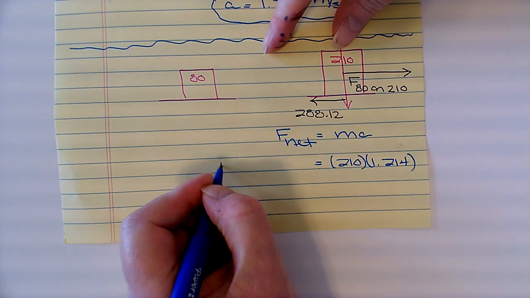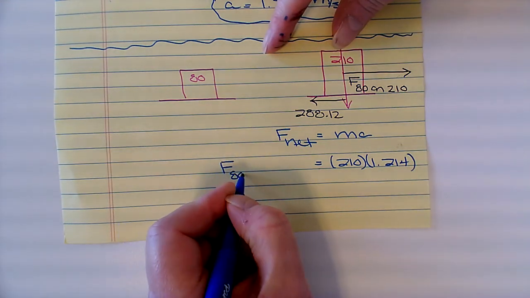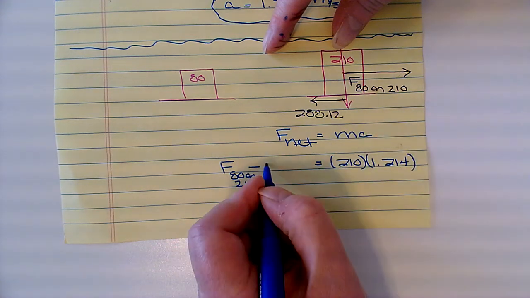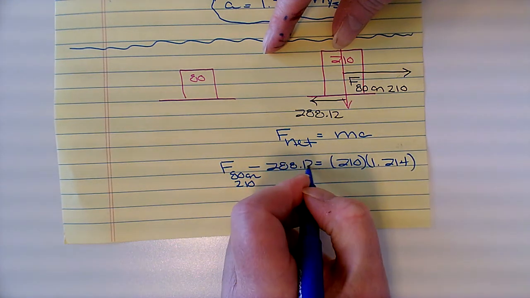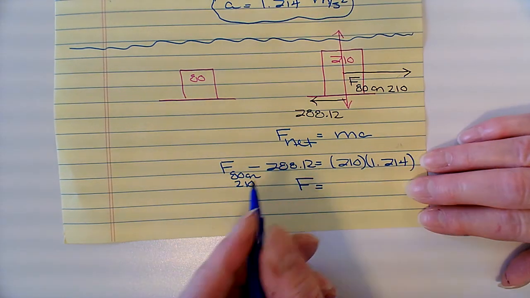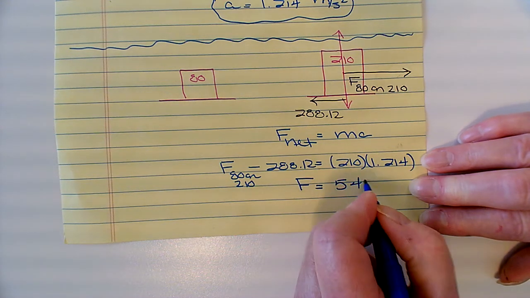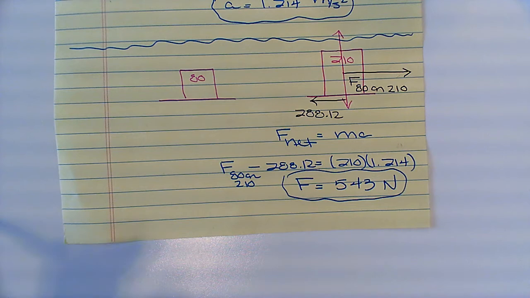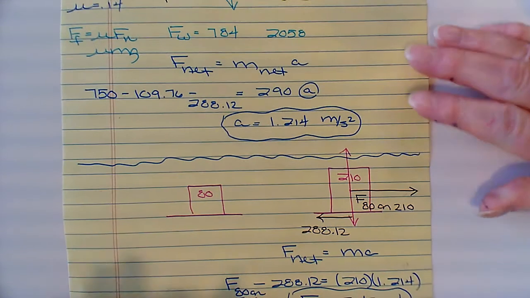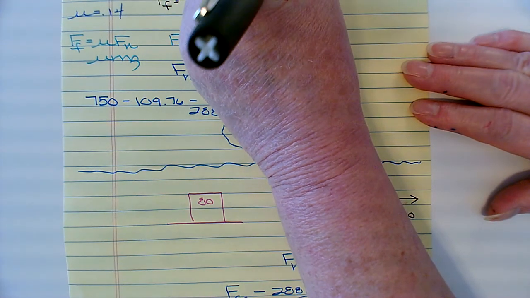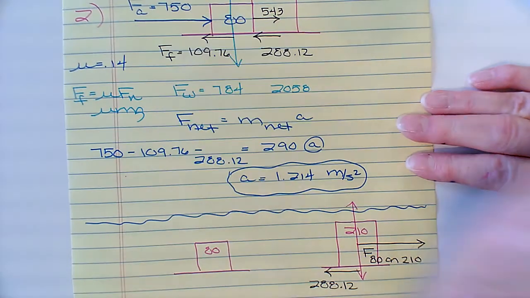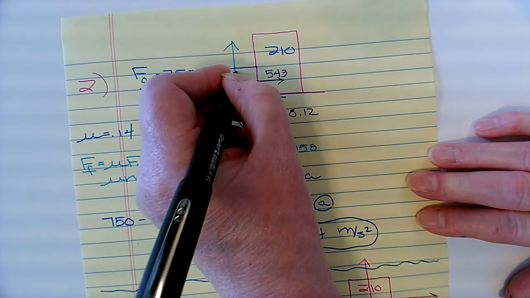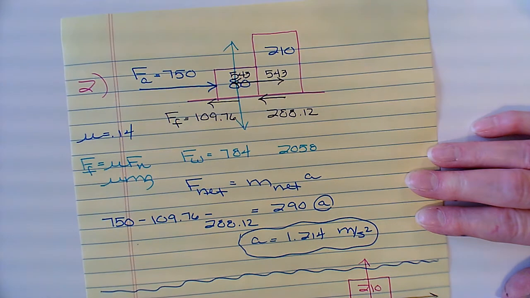It's going to be the force of the 80 on the 210 minus the friction, 288.12, and then I can find that force of the 80 on the 210, and it's 543 newtons. So we'll circle that. Now I'm going to go back and put that in my picture. So this is 543. That means that the 210 must push back on the 80 at 543. Newton's third law, they're equal and opposite.